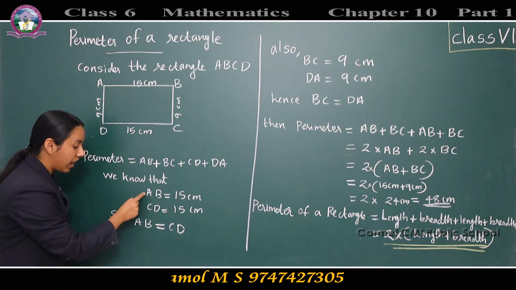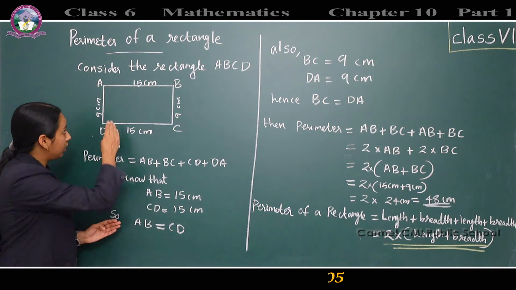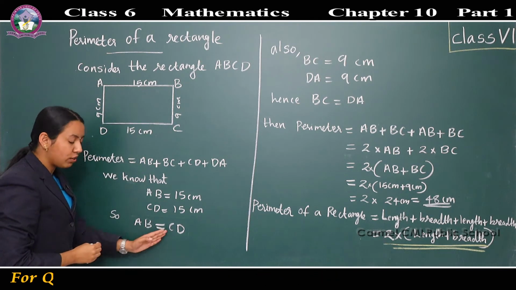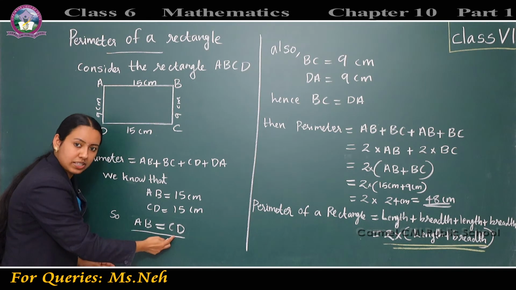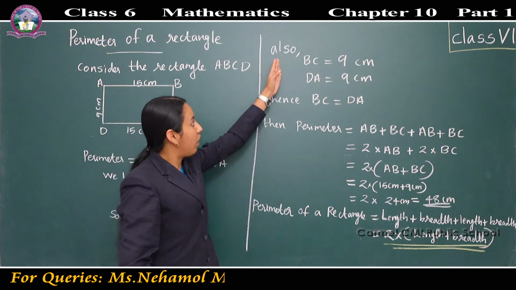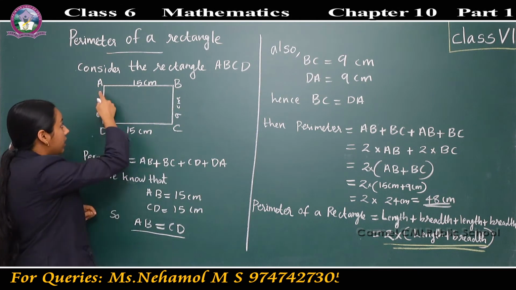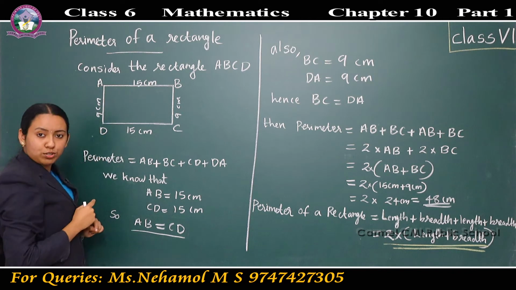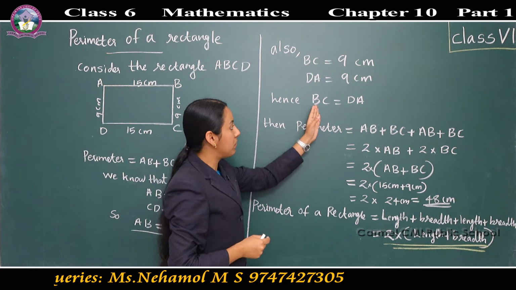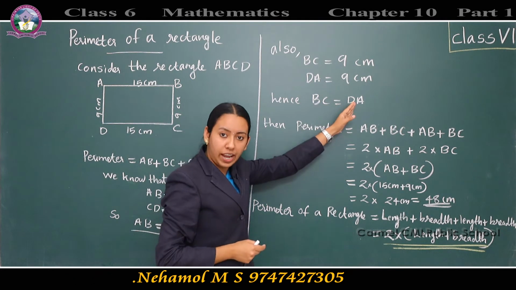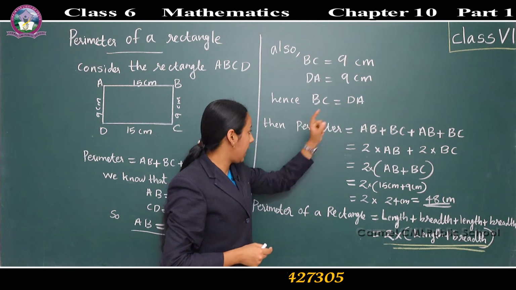Then we can write AB is equal to CD. Also BC is equal to 9 centimeter and AD is also equal to 9 centimeter. So we can write BC is equal to DA.